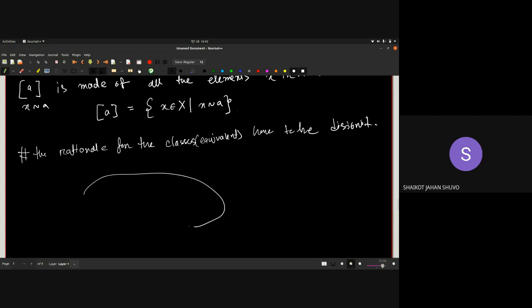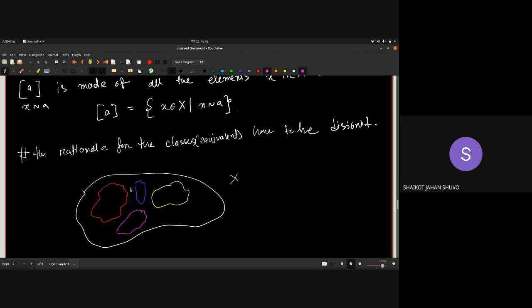So let's say this is our set X, and let's say we partition this into something like this. So these regions inside can be considered as your equivalence classes.